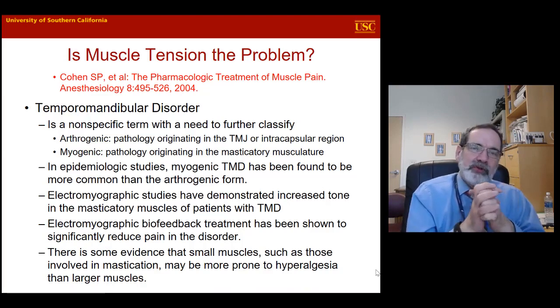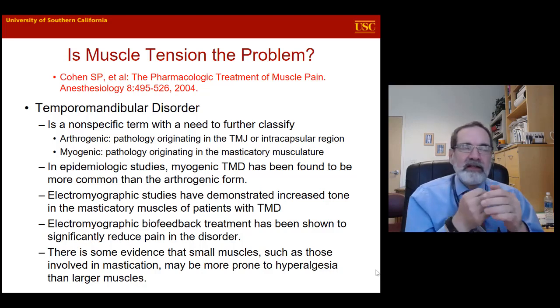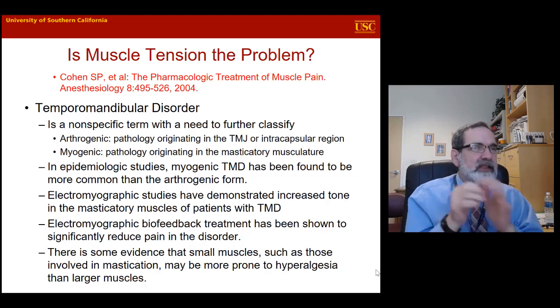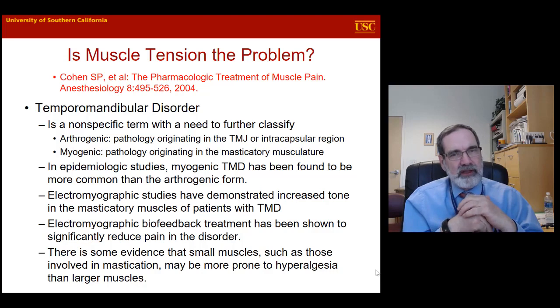What about temporomandibular disorder? So first of all, recognize diagnostically this term is nonspecific, and there are different schemes for how to classify and break down the diagnosis of temporomandibular disorder. And you're going to hear a lot more about that from our dental colleagues.